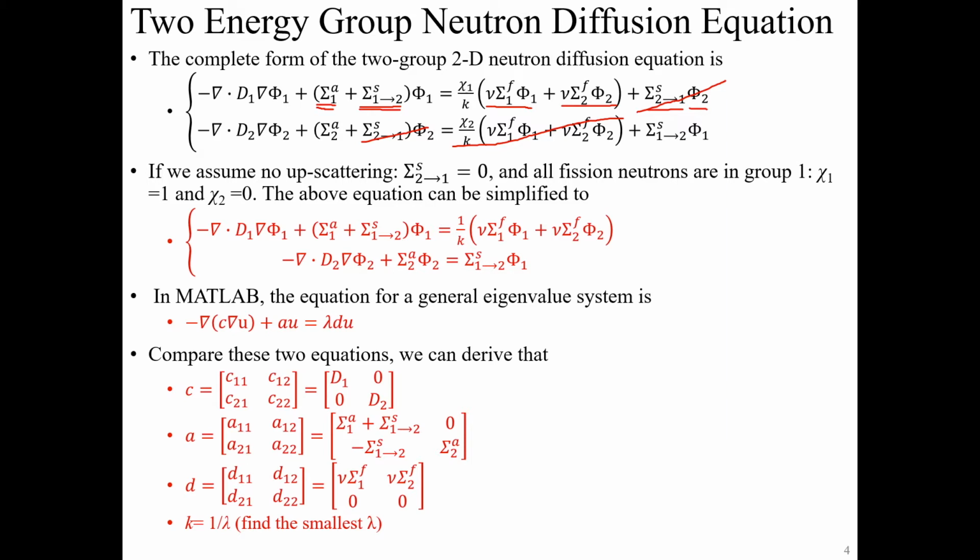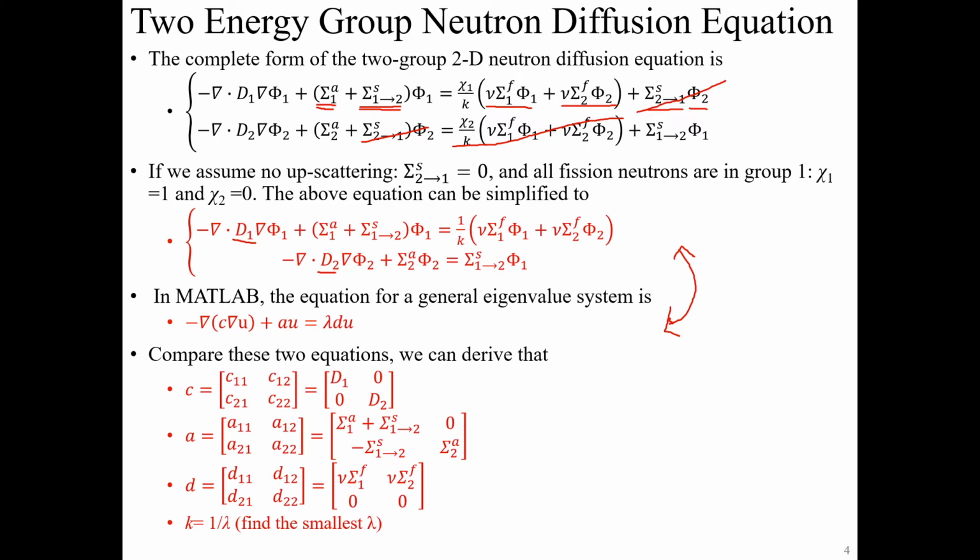Then lambda is a scalar value. We compare these two sets of equations. We will be able to know that C is equal to D1 as C11 and D2 as C22, and C12 is 0, C21 is 0. Because this one is your C11, this one is your C22.